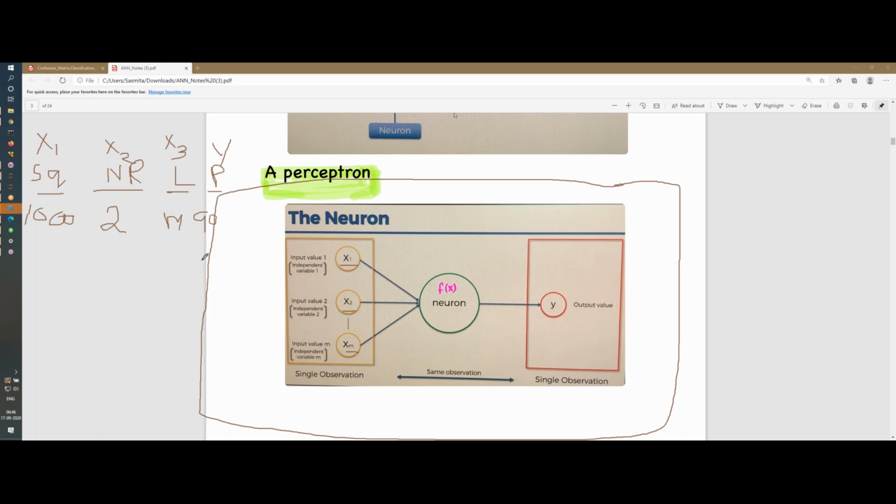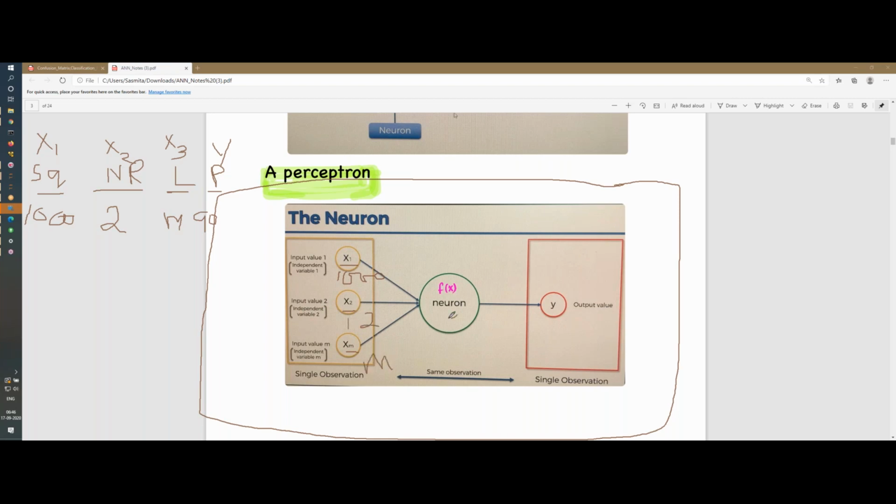If I have to feed this value to my neural network, my neuron, a single neuron is called a perceptron. So how do I feed it? X1 is 1000, my 1000 square feet. Input value 2 is my number of rooms, that is 2. And the third is locality, let's say Marathahalli.